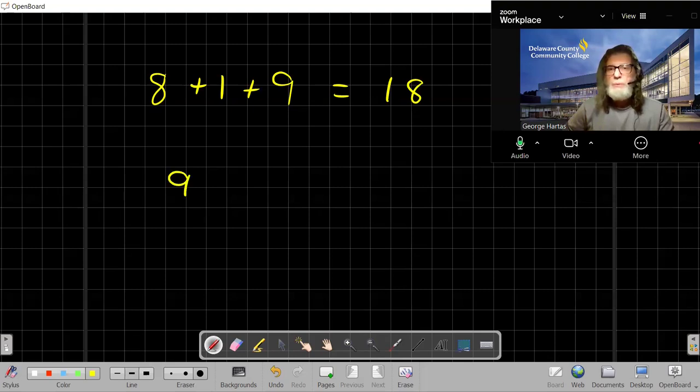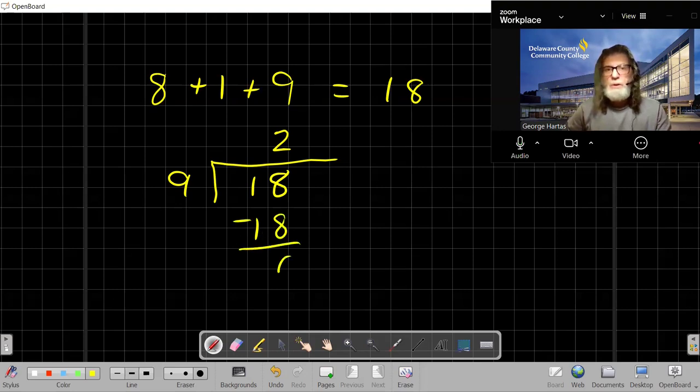The number we're looking at is 9 for divisibility. So is 18 divisible by 9? And the answer is it is, because 2 times 9 is 18. If 9 divides into the sum of the digits evenly with no remainder, then guaranteed 9 divides into 819. So this is very useful in fractions, as you will see.